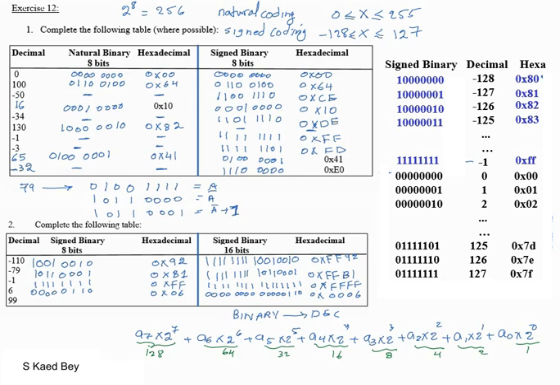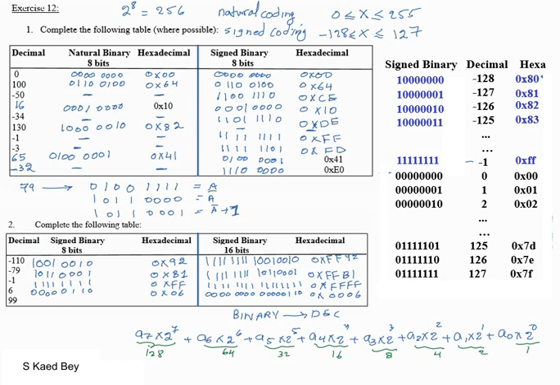Finally, the 99 can be represented in binary. So the 99 can be represented by the addition of 64 and a 32. This will give us 96. And we need another 3, so we need 1, 2, and 1 of the 1s.